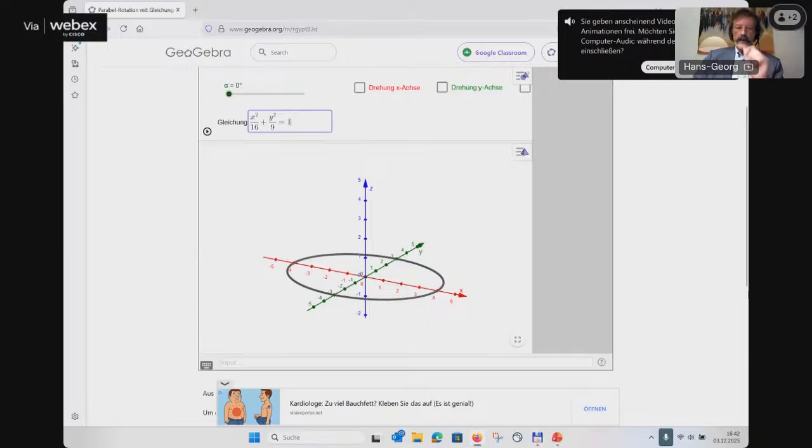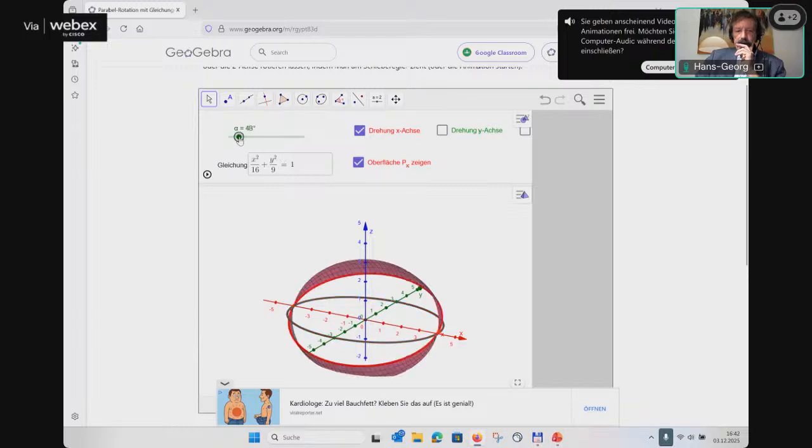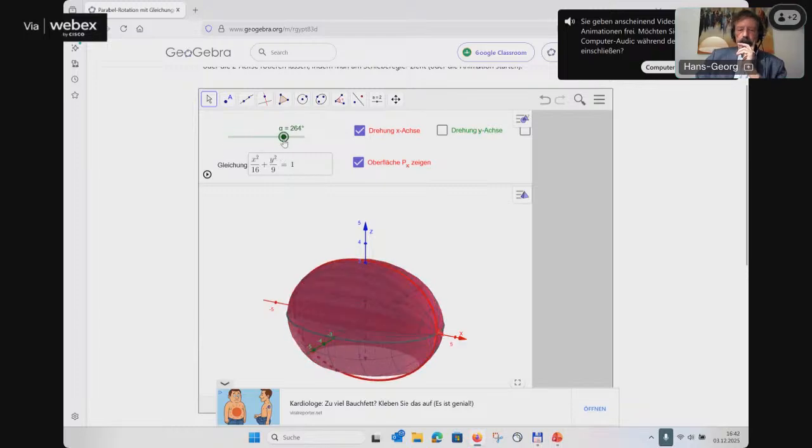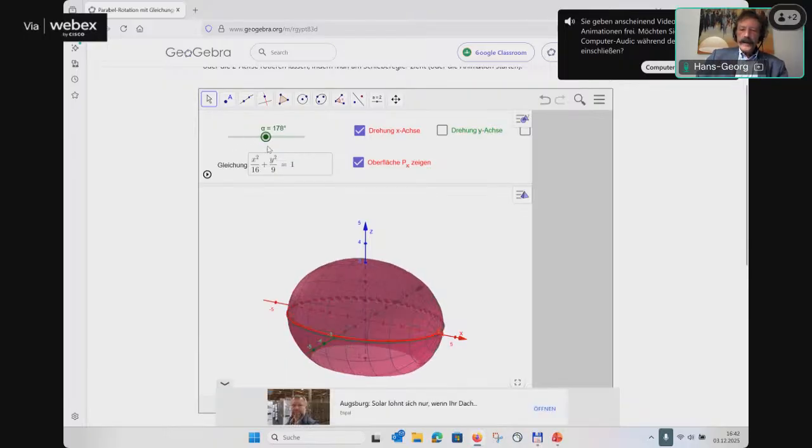Then you get this ellipse, and we can rotate this ellipse around the x-axis. And again, we can see the surface of this solid, and we get an ellipsoid here. Yes, this is an ellipsoid.